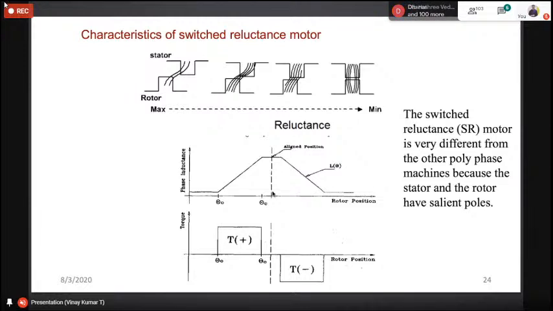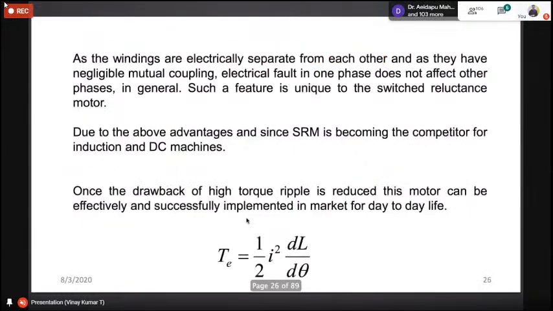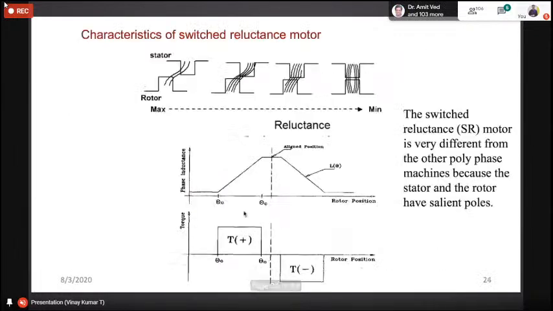When our rotor poles enter this zone, you need to supply the current, you need to excite the stator pole. Once the stator poles are excited, torque becomes finite. Torque depends on dL by d theta, which is constant in this zone, and at the same time current is also finite. Then you will get positive torque.